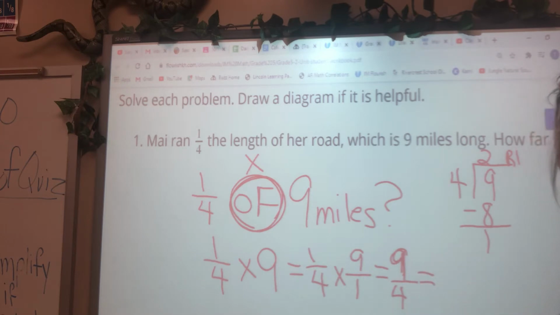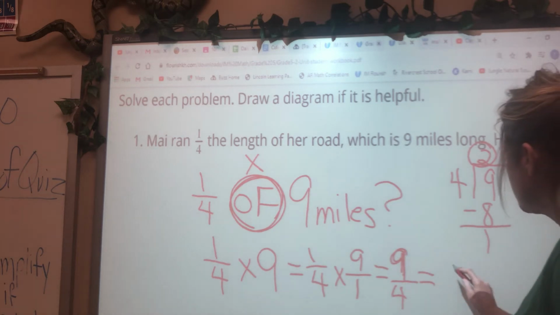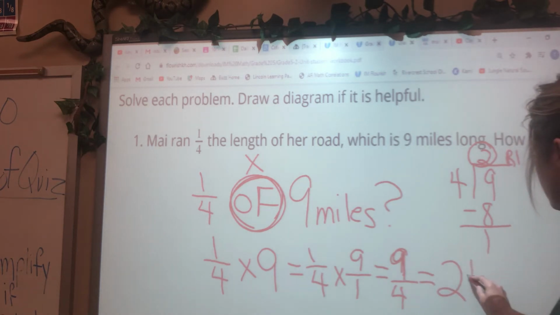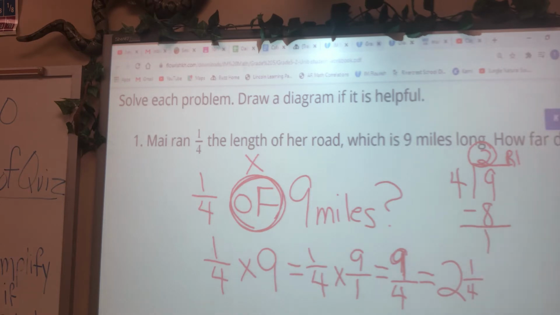And to write that as a mixed number, our quotient on top always tells us how many whole ones we have. So we have 2 wholes and 1/4 remaining. So if Maya ran 1/4 the length of her road, which is 9 miles, she ran 2 1/4 miles.